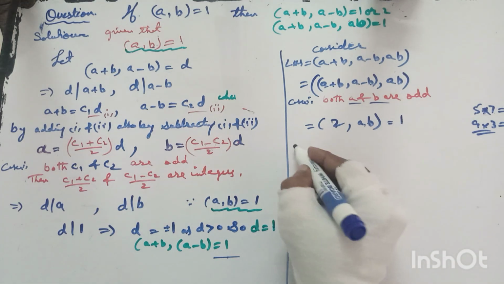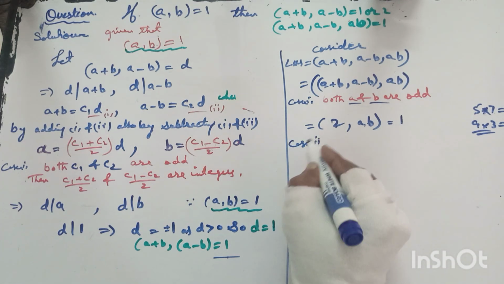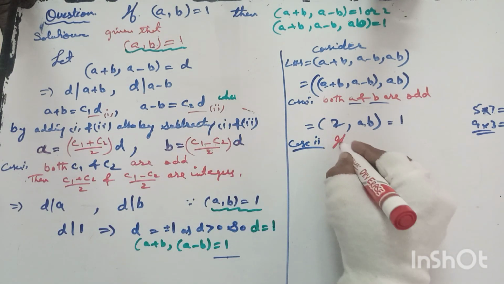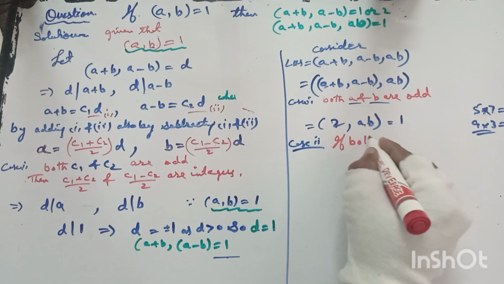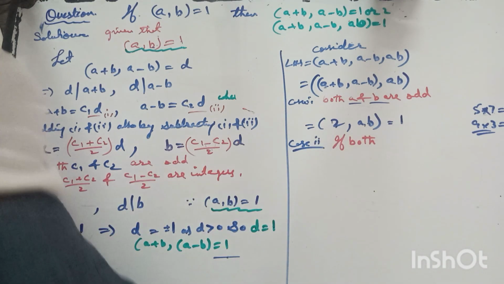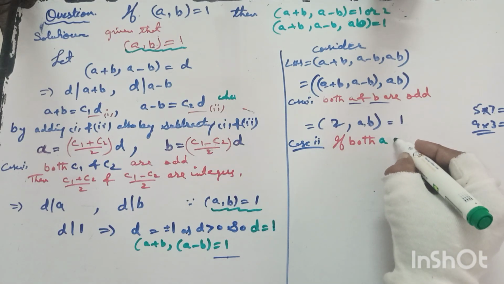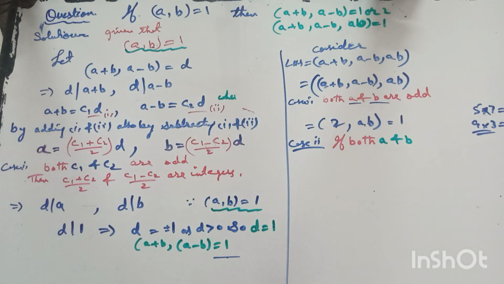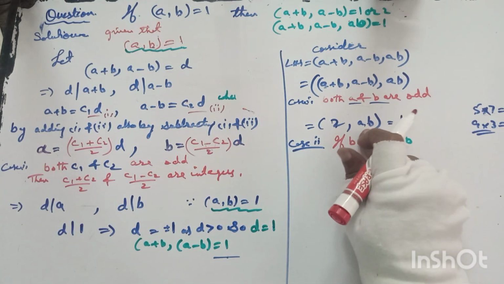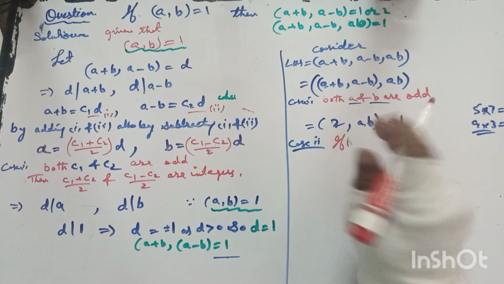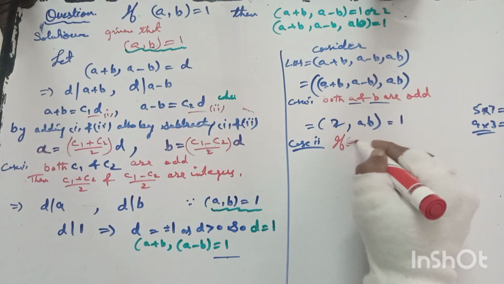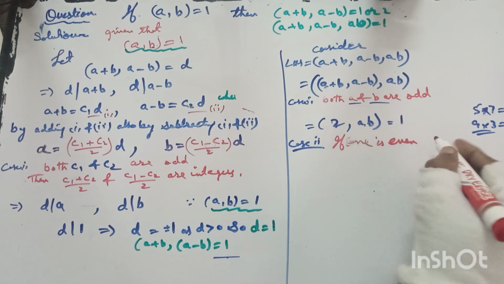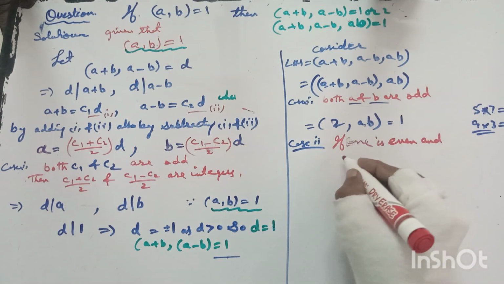Case second. If one of A and B is even and the other is odd.